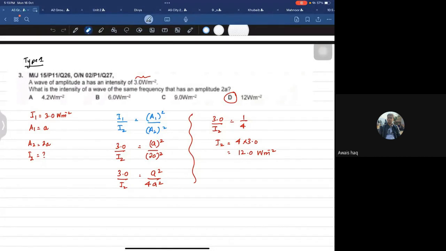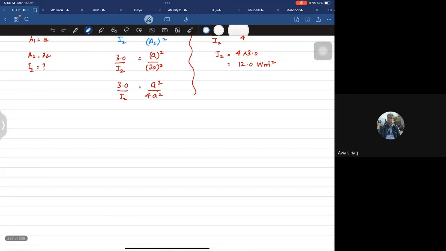So now we're going to go to the next sort of question. It comes from paper 2. Let's have a look.